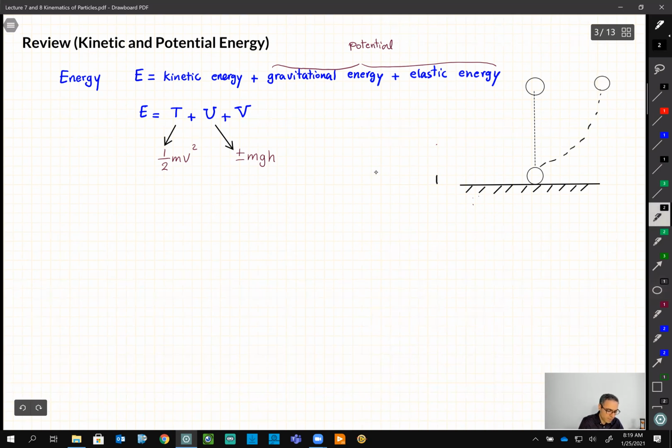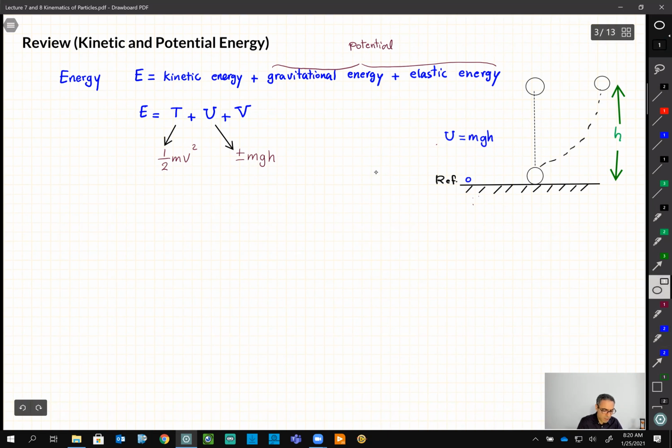So this is our reference, and this distance is h. U is going to be mgh, and this is going to be positive because at the reference, we assume the energy is 0.